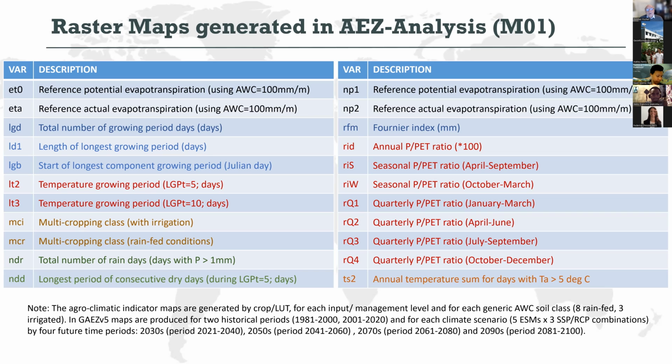Then the count of the days in a year where both the temperature and soil moisture criteria for growing period days are met.